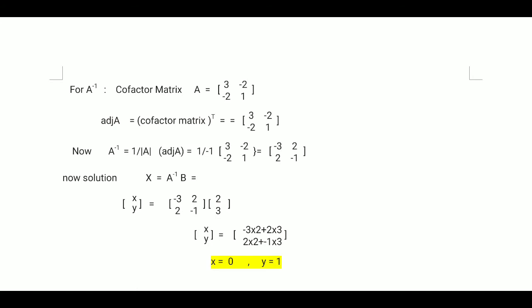So -3 into 2 plus 2 into 3, and similarly the second row elements will be multiplied with the first column elements, 2 into 2, and -1 into 3. We get the result: x, y will be equal to 0 and 1. This will be the solution.